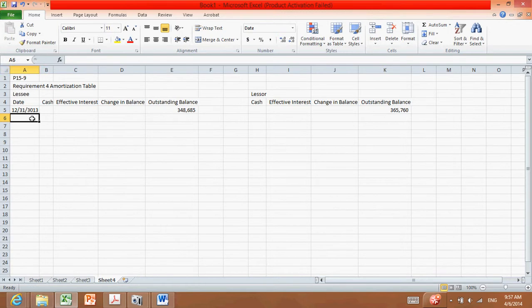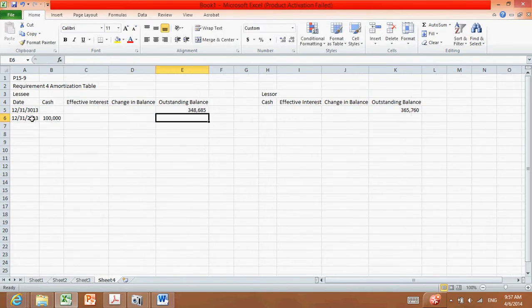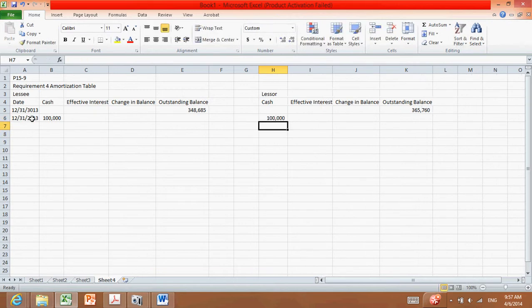On the same date, the lessee also made a payment of $100,000. The lessor received a payment of $100,000 plus $4,000 of executory cost. Since that's an additional expense, it's not put into the amortization table and will not affect our interest. Interest expense on the first day is 0 because interest is not accrued yet.